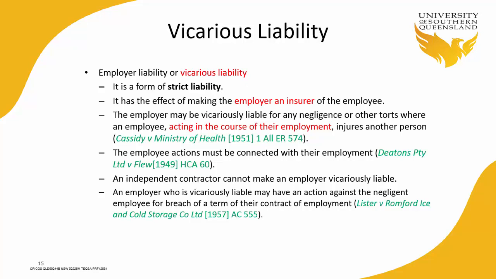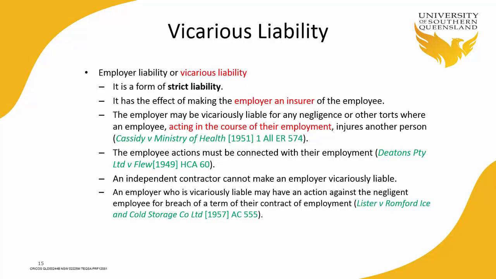The idea of vicarious means that you are going to be held responsible for the actions of someone else, even though you didn't intend for those actions to be taken by that someone else. So this is why it's a form of strict liability.